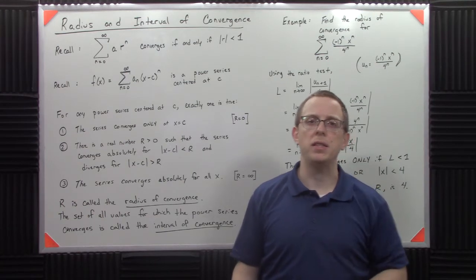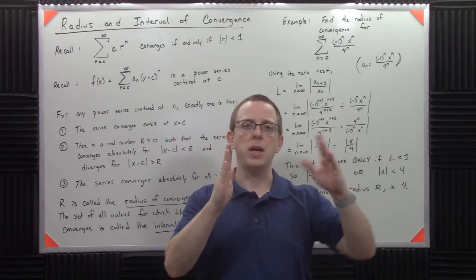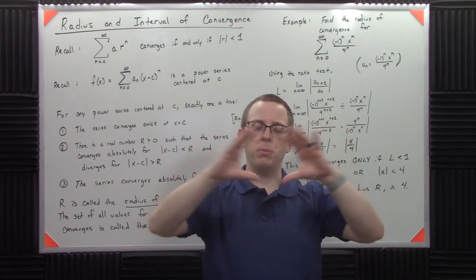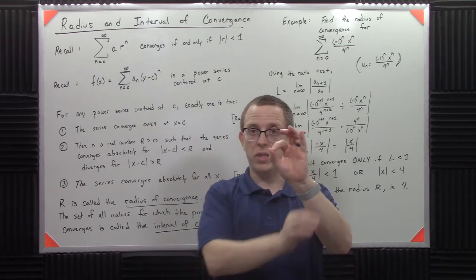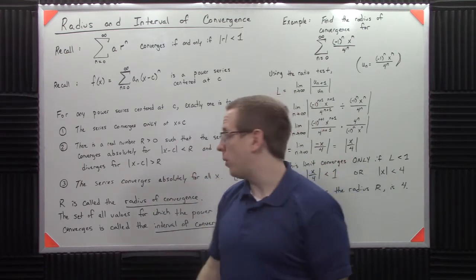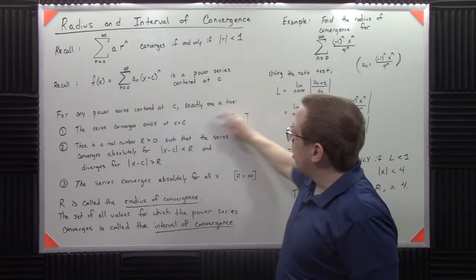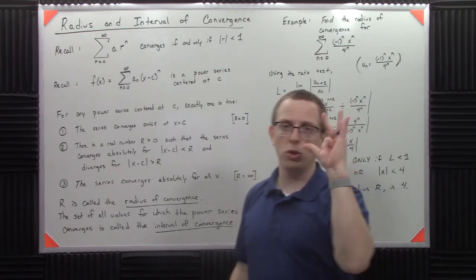Which makes sense, right? We talked about there being a center of 2, and you could go to the left or to the right. In that particular case, think about that as a radius, how far you can go away from the center. You have a circle with a center and a radius. But in the case where it converges only at the center point, that essentially has no radius because you're just right on the dot.